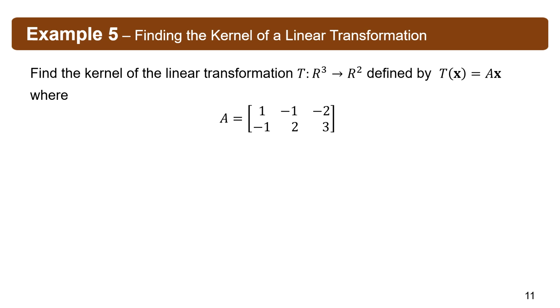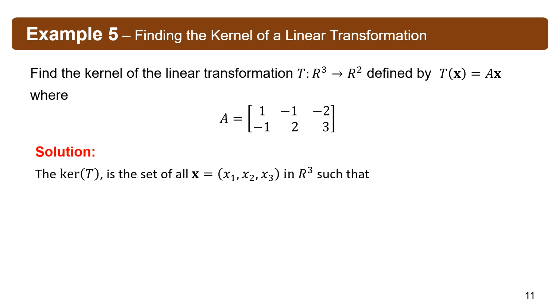Next, find the kernel of the linear transformation R cubed to R squared defined by this matrix. It's a 2 by 3 matrix. All right, so the solution: your vector, from R cubed to R squared, so your vectors must be 3.